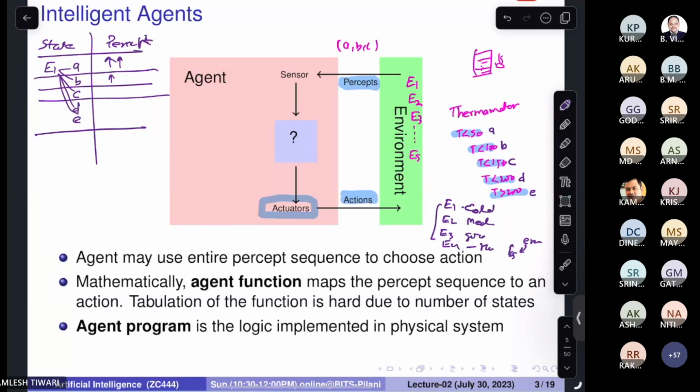If I get C, what does it mean? The temperature is in this particular range. Similarly, in all the stages I have to do some actions.